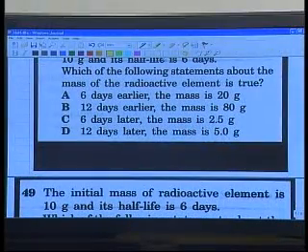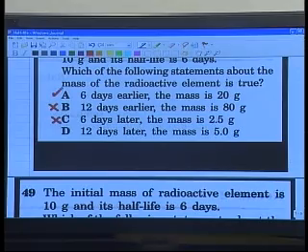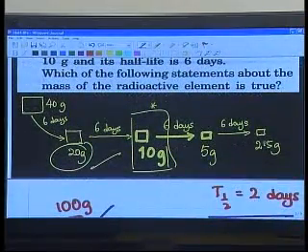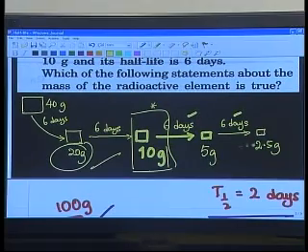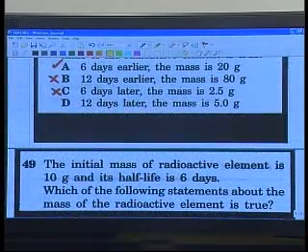So we know that C is wrong, B is wrong, A is correct. Nevertheless, we still want to check. D. 12 days later, what is the mass? 12 days later, the mass is 2.5 grams. So, you know that the answer D is wrong as well.